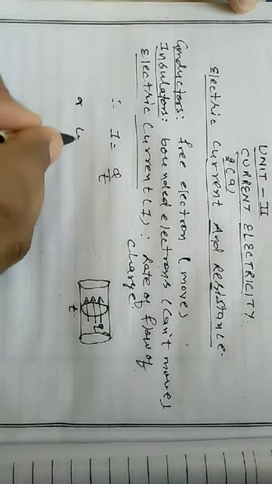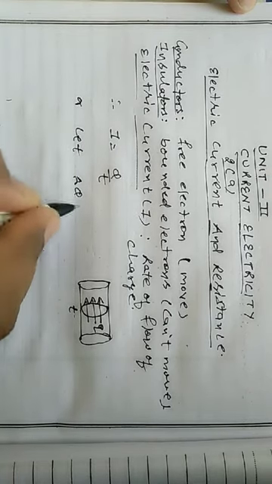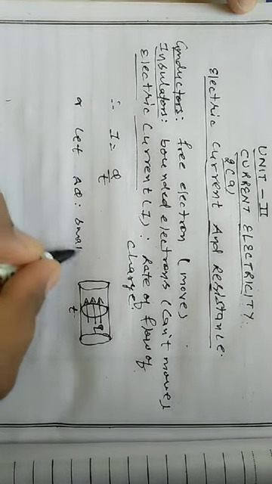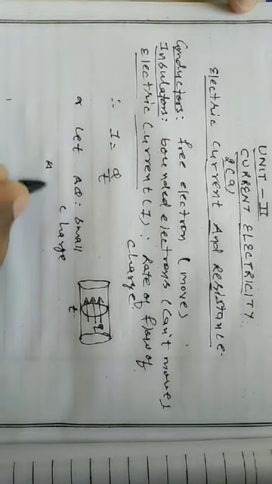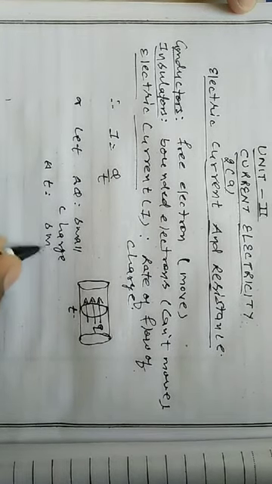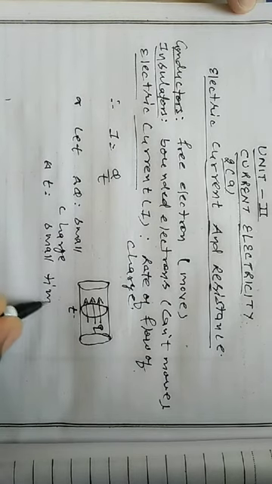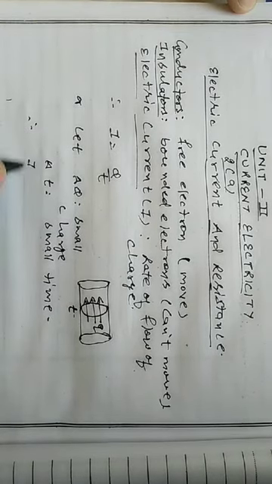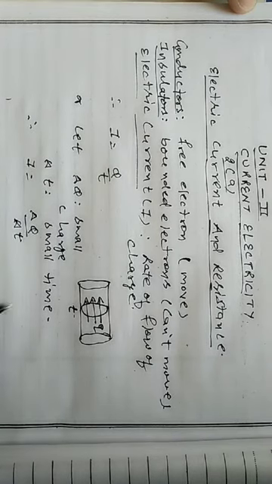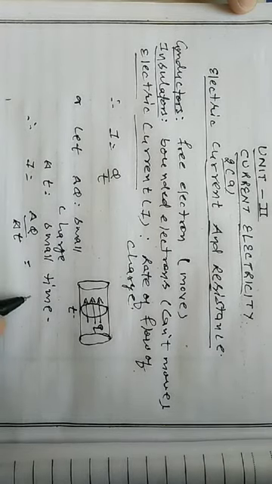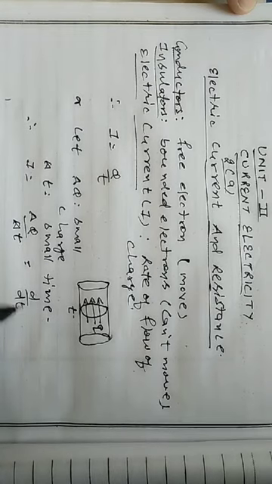Or let delta Q be a small charge in delta t, a small time. Therefore we can write I equals delta Q upon delta t. Or we can write I is equal to dQ by dt.